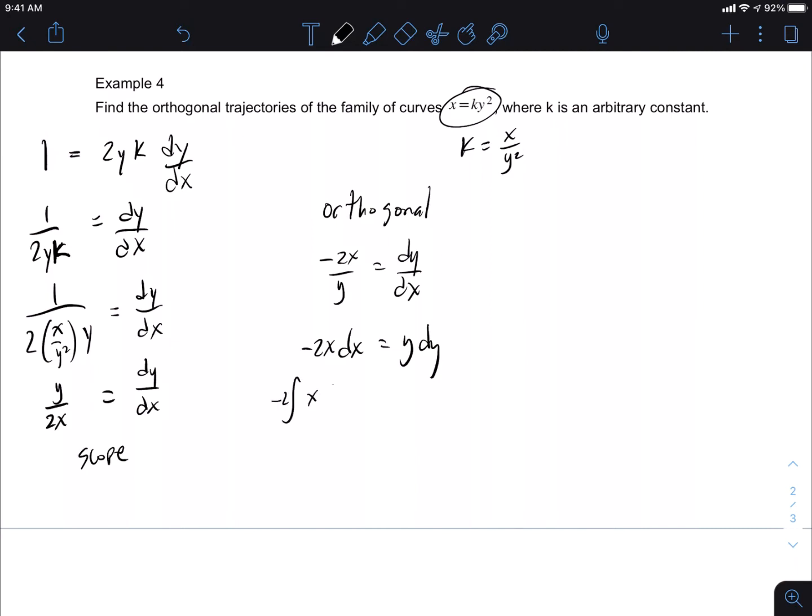So negative 2x dx is equal to the integral of y dy, which is going to give me negative x squared plus some constant c is equal to y squared over 2. Oh yes, over 2, my apologies.